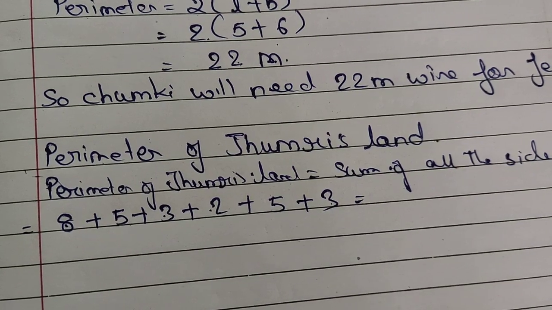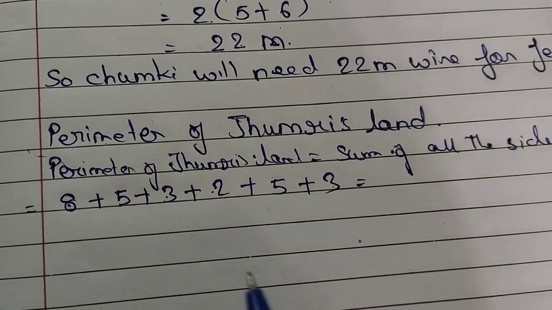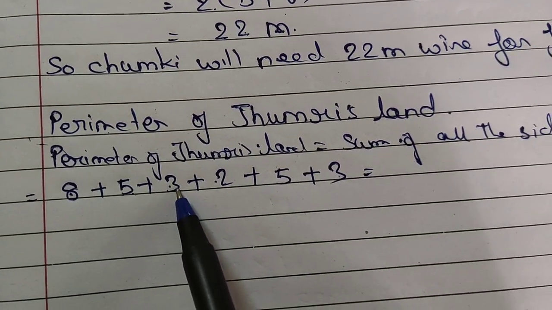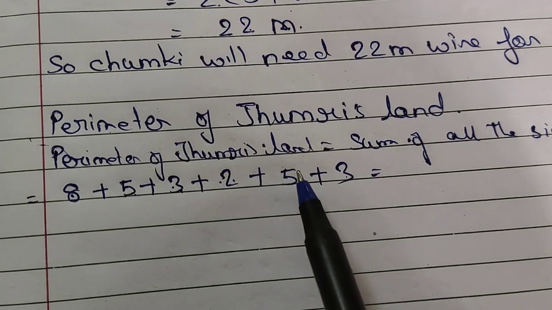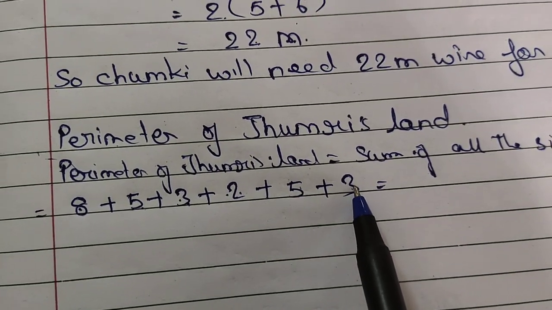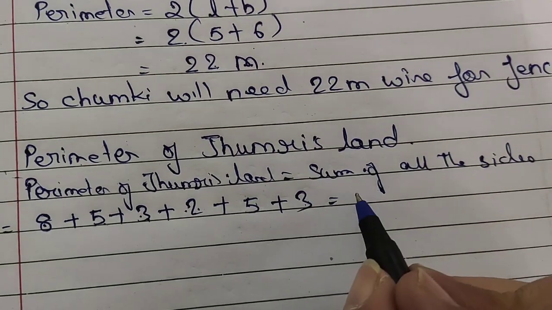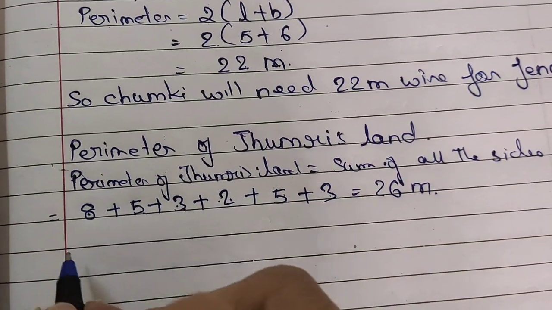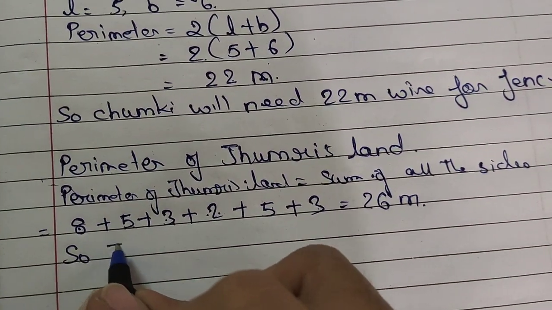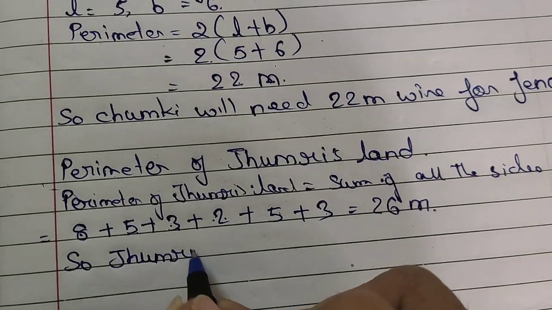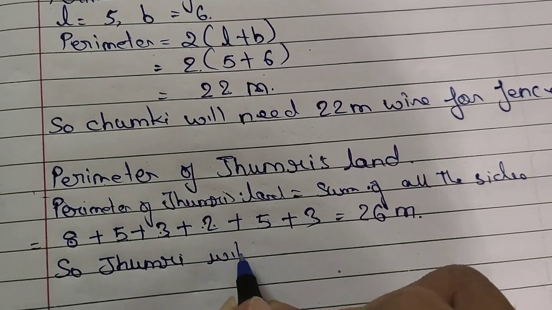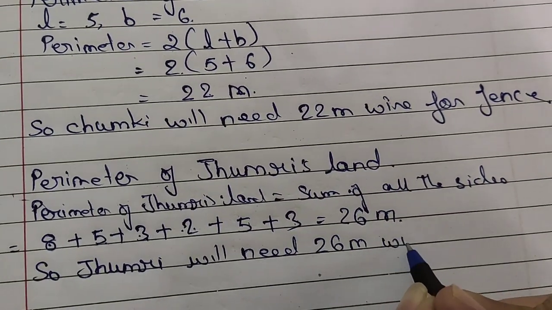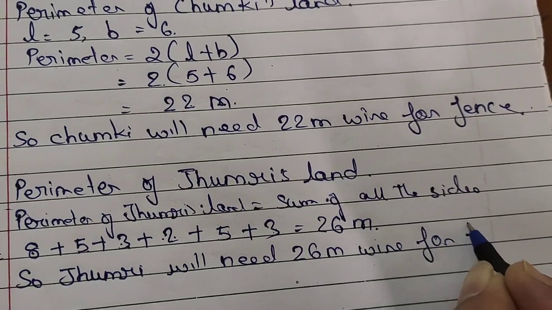And 23 plus 3, 26. Once again: 8 plus 5, 13. 13 plus 3, 16. 16 plus 2, 18. 18 plus 5, 23. 23 plus 3, 26. 26 meter. So Jhumri will need 26 meter wire for the fence.